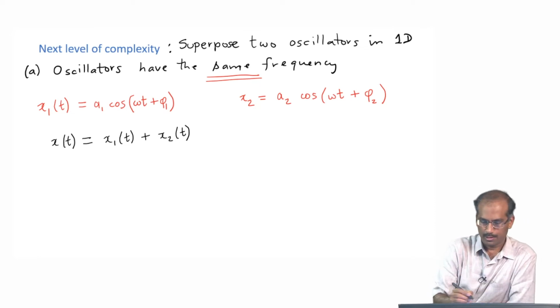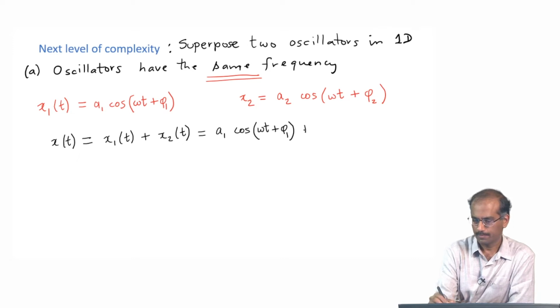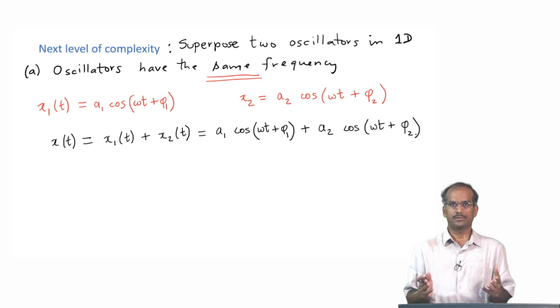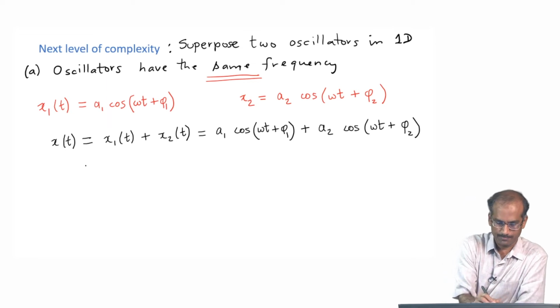Now, let me complete this. So, x1 plus x2 would be A1 cos(omega t plus phi 1) plus A2 cos(omega t plus phi 2). Now, all I need to do is to use the cos(A plus B) formula and write it differently. So, let me do that.